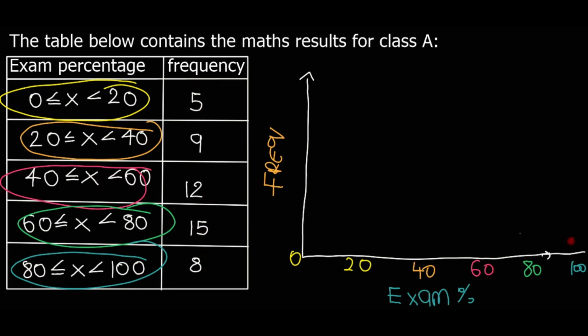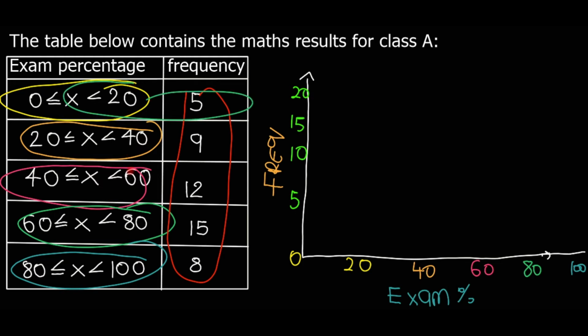It is advisable to use a specific scale for the frequency. Let's say the scale is 5. So let's say this is 5, then 10, then 15, then 20. And from there, let's check.